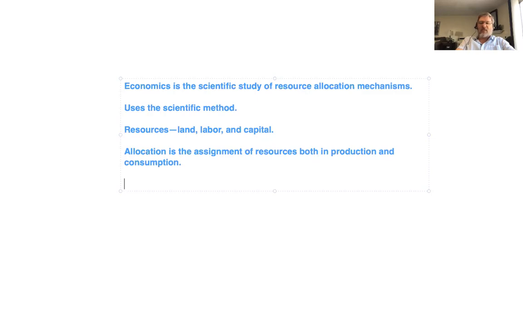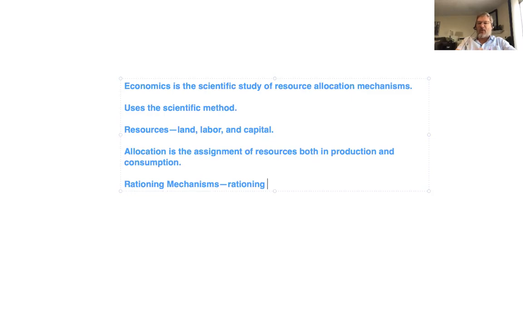But the deeper connection is that allocation mechanisms are sometimes called rationing mechanisms. And it's worth pointing out that the word rationing is important.